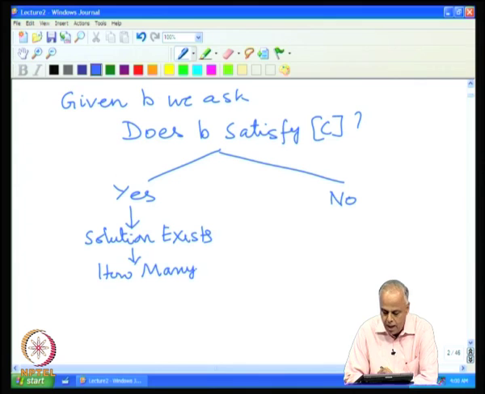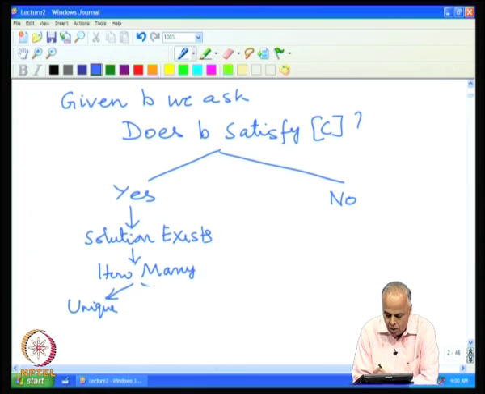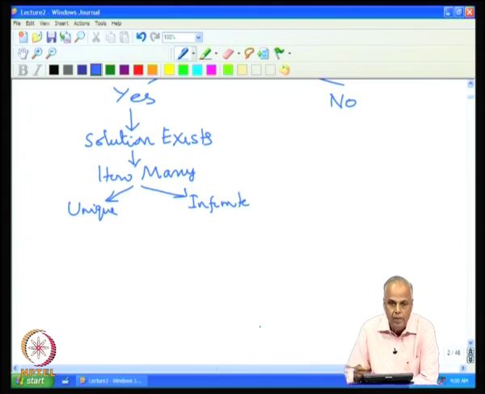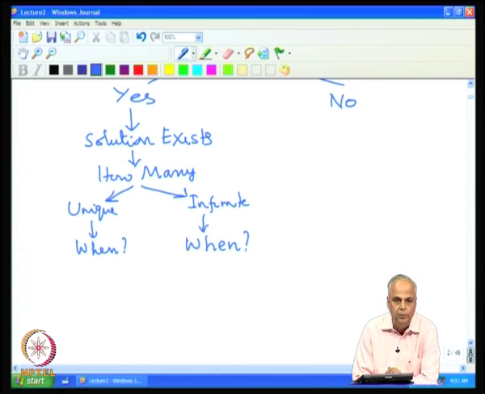As we saw last time, this has two possible answers: a unique solution or infinitely many solutions. Now, naturally we ask, under what conditions we get a unique solution, and under what conditions we get an infinite number of solutions.